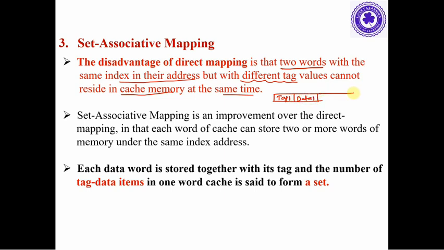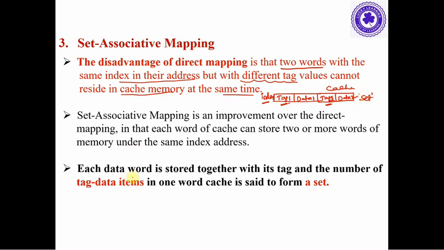If one more word with the same index but a different tag comes, that also is to be stored in the same cache word as tag 2 and data 2. It means in one cache word we have to store more than one word of the memory that has the same index but different tags. That forms a set, and that is called set associative mapping.